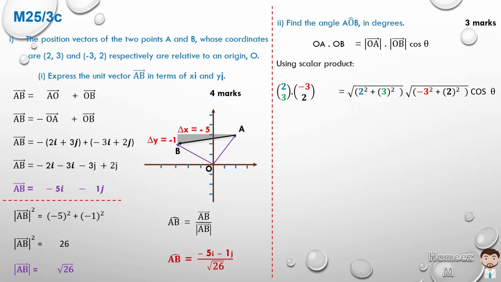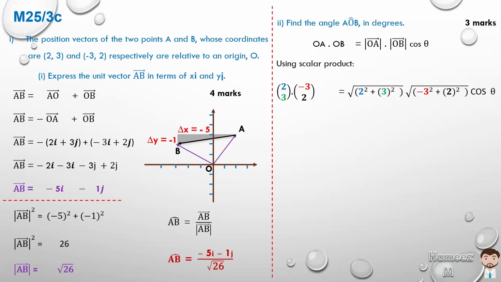You've done many of this in class with your teachers. And OB is minus 3 squared plus 2 squared, cos theta. The angle between OA and OB, which is what we want to find, is equal to the dot product of (2, 3) dot (minus 3, 2). I have them in different colors, so let's remind ourselves.